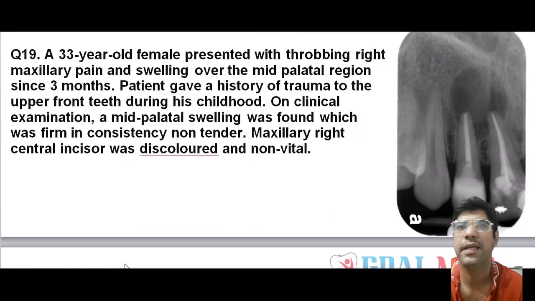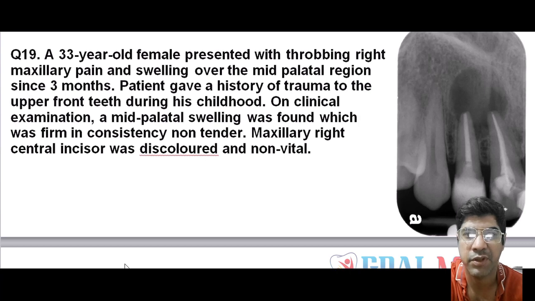A 33-year-old patient presents with throbbing pain and swelling over the mid-palatal region for 3 months. The patient has a history of trauma to the upper front teeth during childhood. On examination, you notice a mid-palatal swelling that is firm in consistency and non-tender, and the tooth is discolored and non-vital.